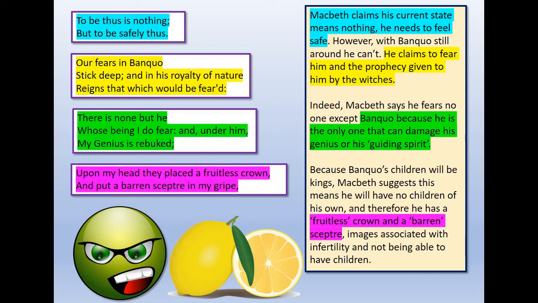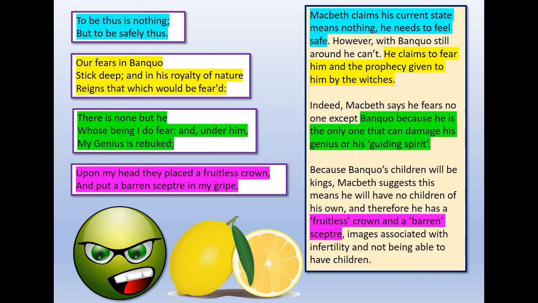And he knows that the prophecy stated that the crown was going to go to Banquo's sons. So there's a dual meaning of what this safety could be that Macbeth is worried about. He says, "Our fears in Banquo stick deep, and in his royalty of nature reigns that which would be feared." He claims to fear him and the prophecy given to him by the witches.